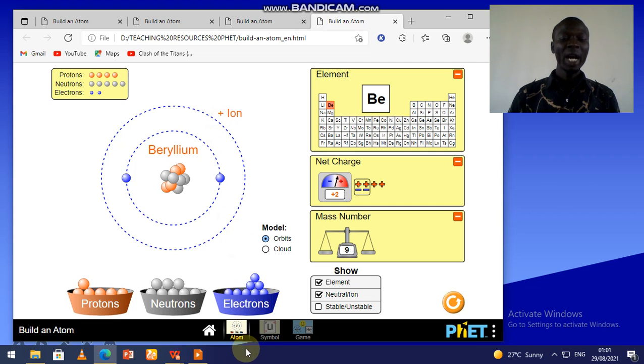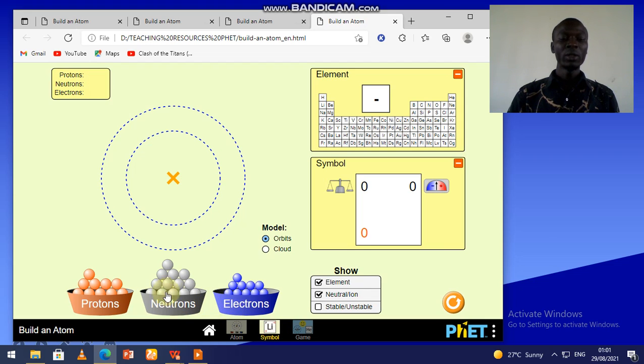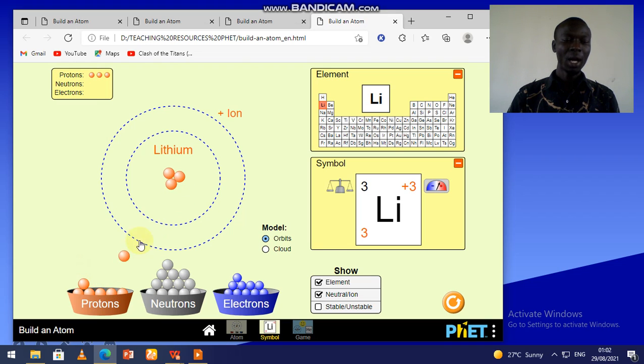So, let's look at the symbol of this ion. What did we say was the number of protons in the atom? We said they were 4. 3 and 4. And the number of neutrons, we said they were 5. 1, 2, 3, 4, and 5.